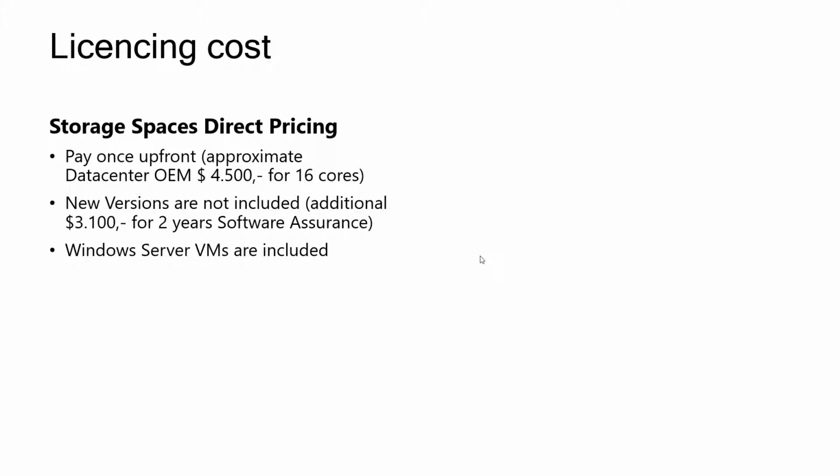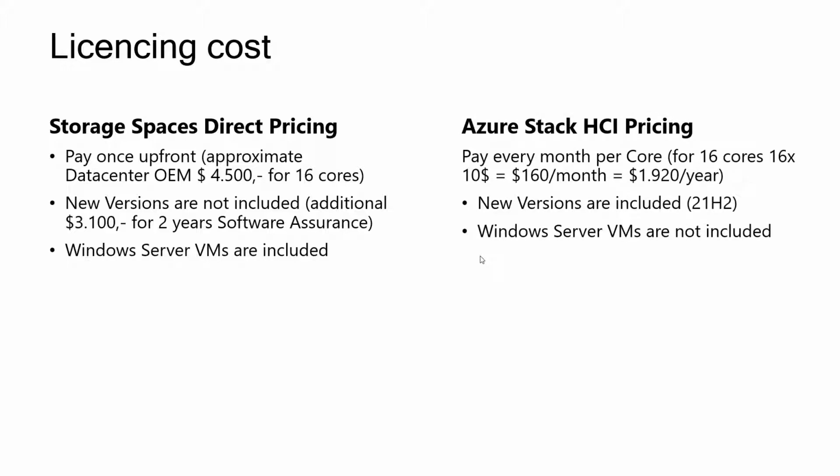If you buy vSAN, for example, you have to buy vSAN with the ESX licensing and the vSAN licensing and Data Center. So Storage Spaces Direct is a great offering for Windows Server virtualization.